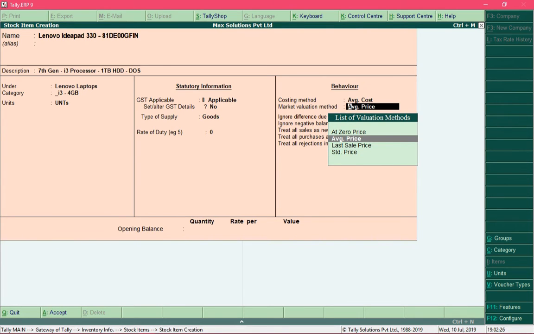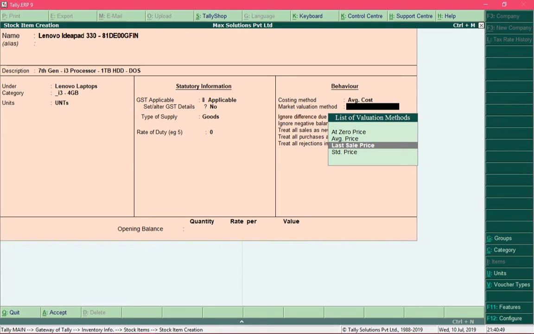If you go by the average price market valuation method, then the market value of that product would be the average of the cost of the products. And if I select the market valuation method as last sale price, then the market value of that product would be the price at which it was sold last.